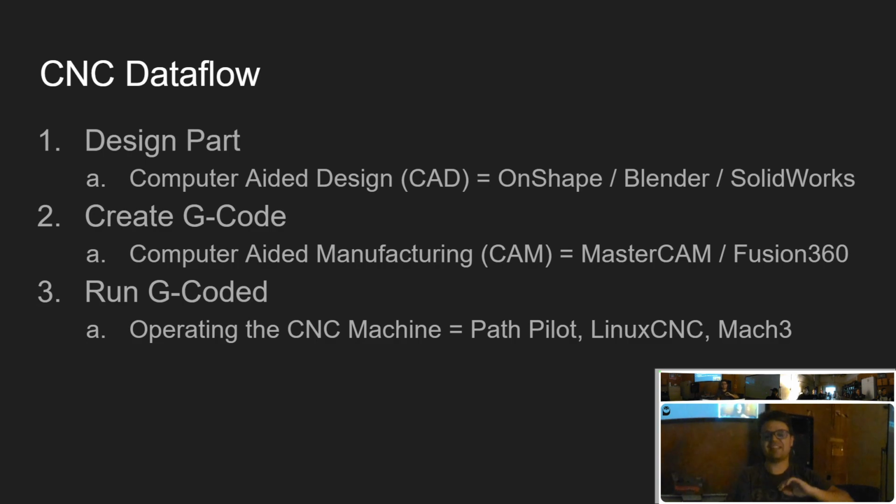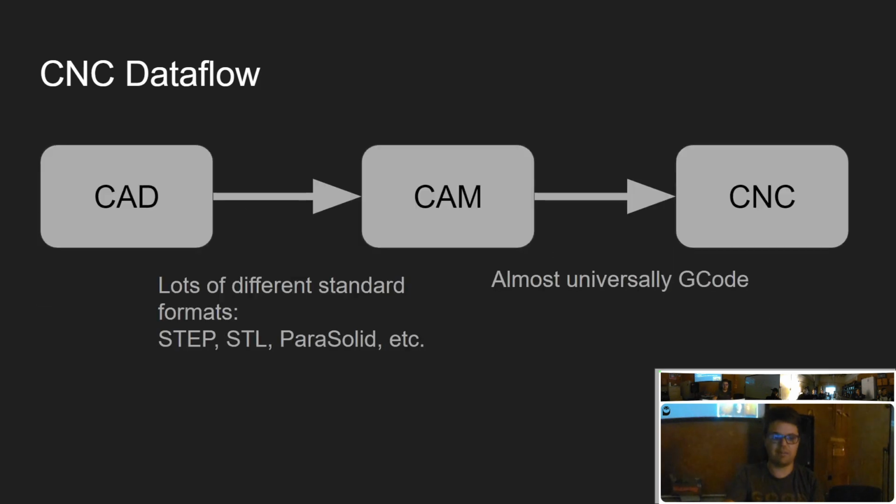So you get into an entire world of hell. When you try to do this professionally, you'll find dozens of softwares designing the upfront parts, dozens of softwares creating the intermediate G-code, and then that running on dozens of different machines at the end of the day, which has created a compatibility hell between all of this, which is annoying and part of what we fight today.